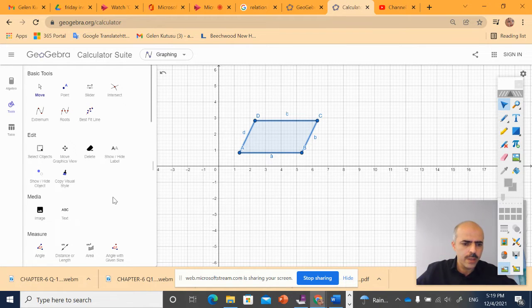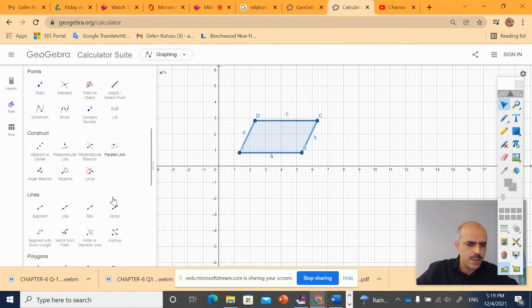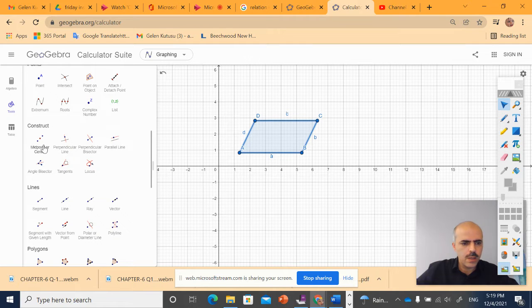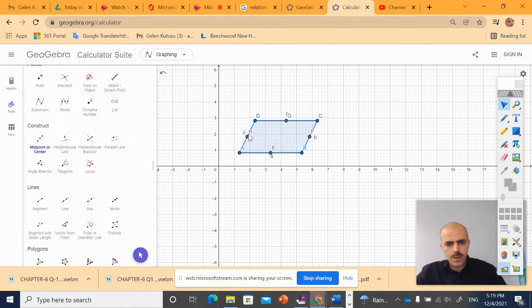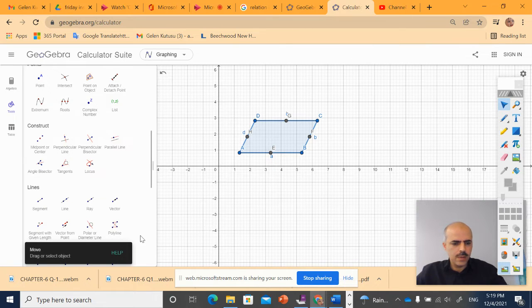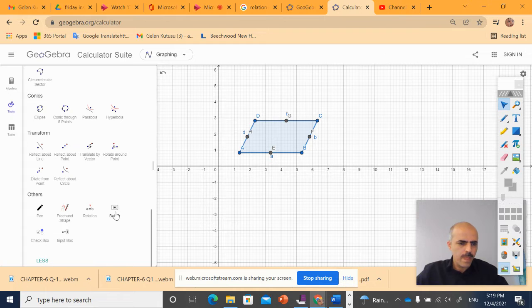To do tessellation, what I do is I use the midpoint. Now I'm going to use the midpoint of AB and BC and CD and of course AD. From here, now I want to start with E. Let's go to our transformation. Rotate around a point from this figure.